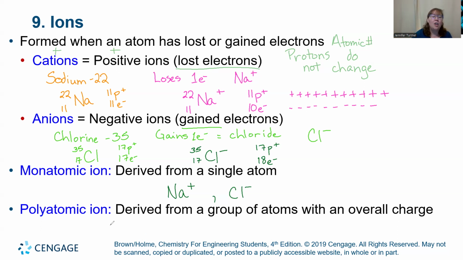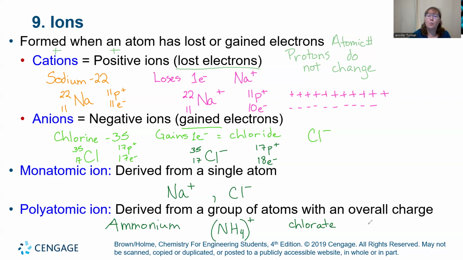So for example, you might have ammonium. This is one of our only polyatomic cations, and it's NH4, so one nitrogen and four hydrogens, and the whole thing carries a +1 charge. Another example of a polyatomic ion might be chlorate.